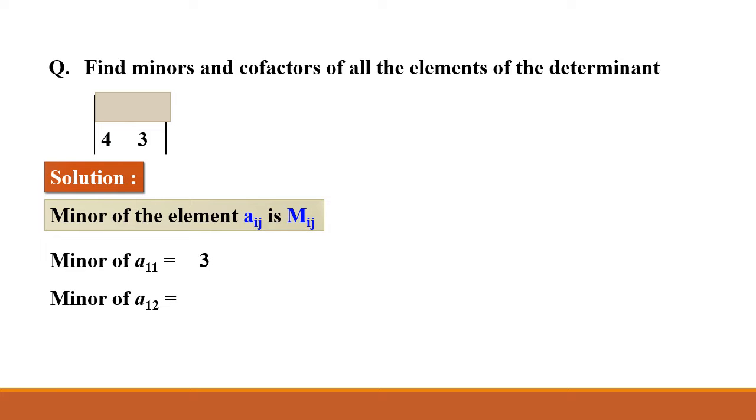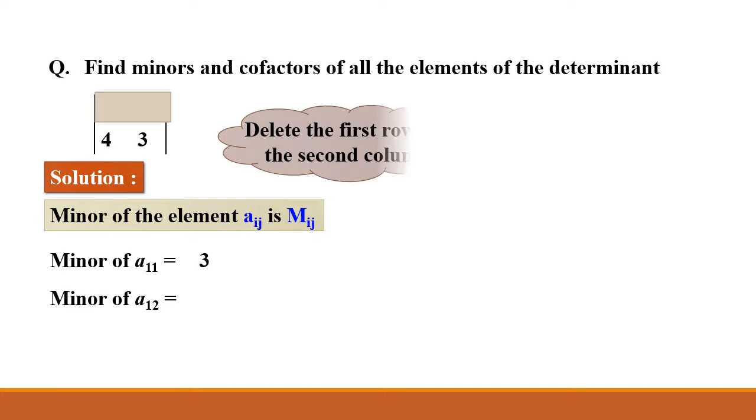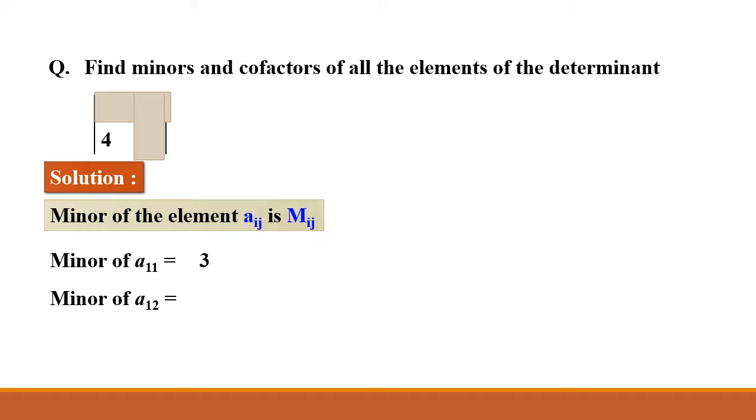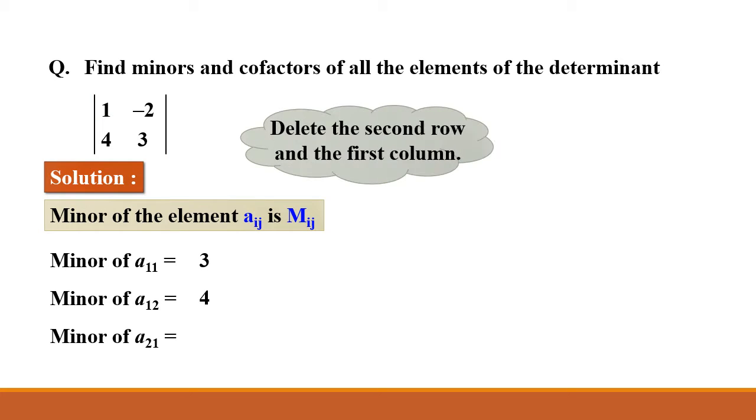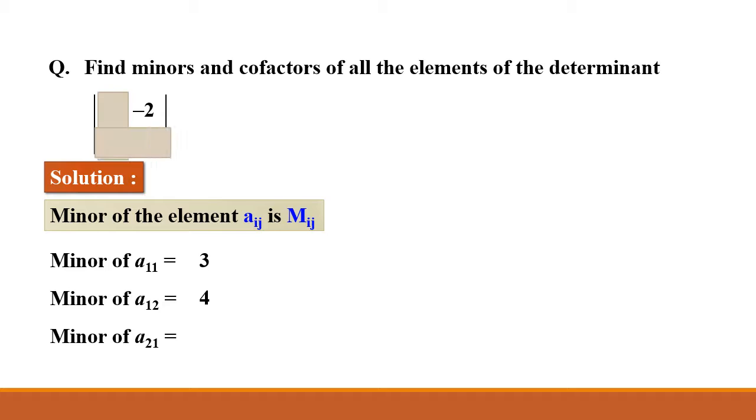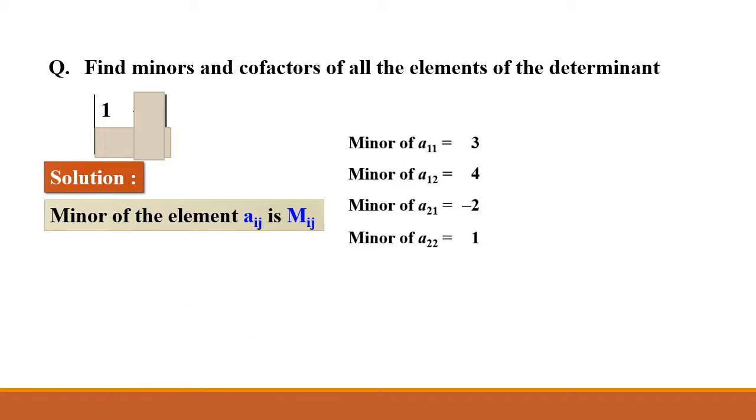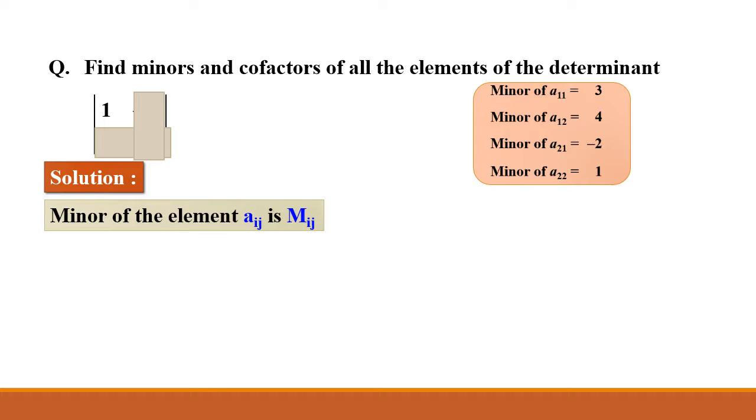Next, the minor of the first row second element is obtained by deleting the first row and the second column, which is equal to 4. Similarly, the minor of A21 will be obtained by deleting the second row and the first column, which is equal to minus 2, and the minor of A22, obtained by deleting the second row and second column, is equal to 1.